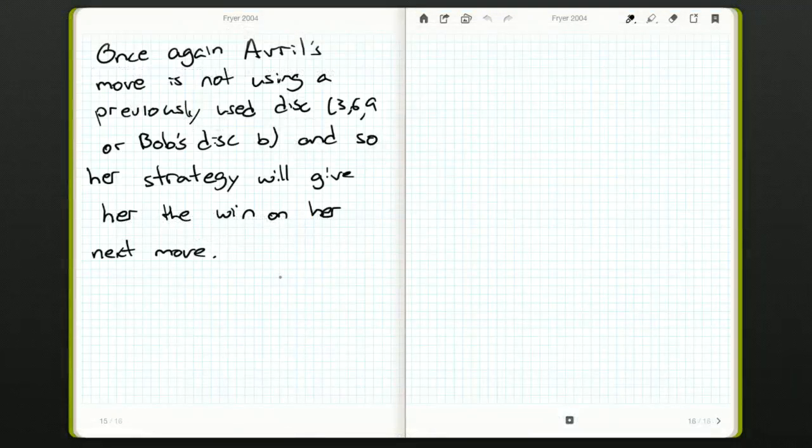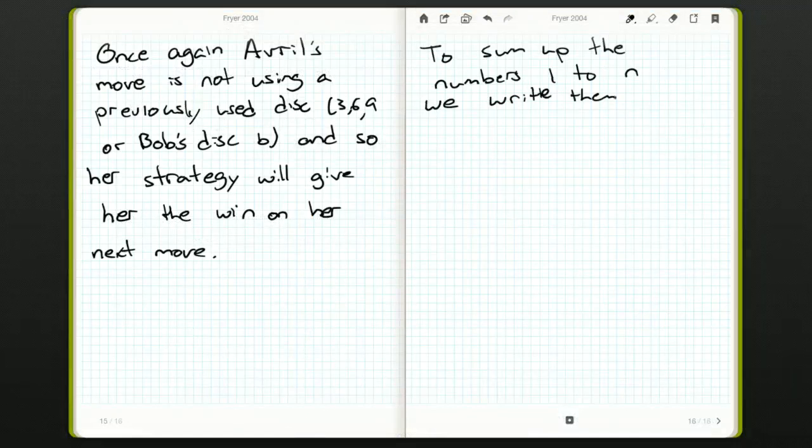If you haven't seen this before, that's okay. This is a nice little trick. 1 plus 2 plus up to n, and we're going to write them out backwards.